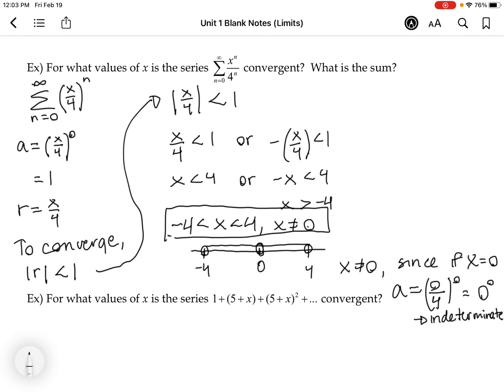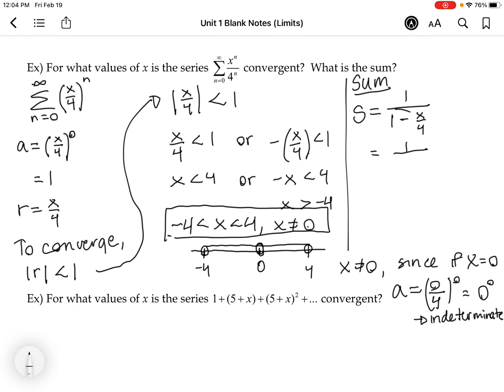Okay, now what is the sum? S is a over 1 minus r. So a is 1 over 1 minus r, 1 over 1 minus x over 4. Okay, now we need to fix this up a little bit. So we're going to get a common denominator between these two terms. And that common denominator would be 4.